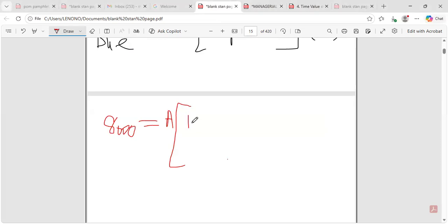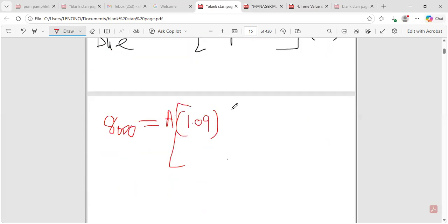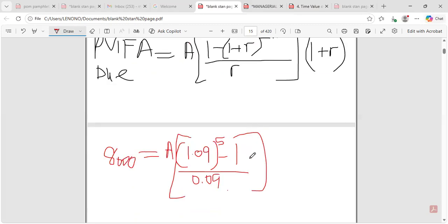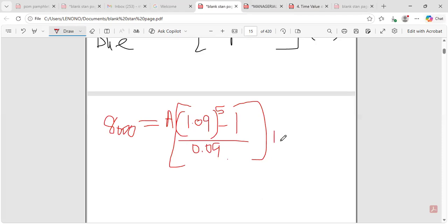So 1.09 to the power 5 minus 1 over 0.09. Then this is an annuity due, multiplied by 1.09.